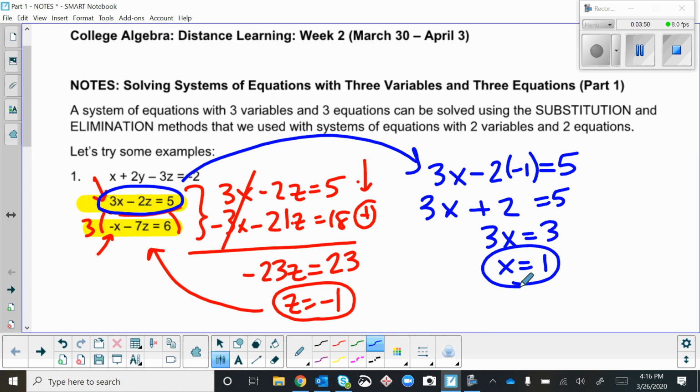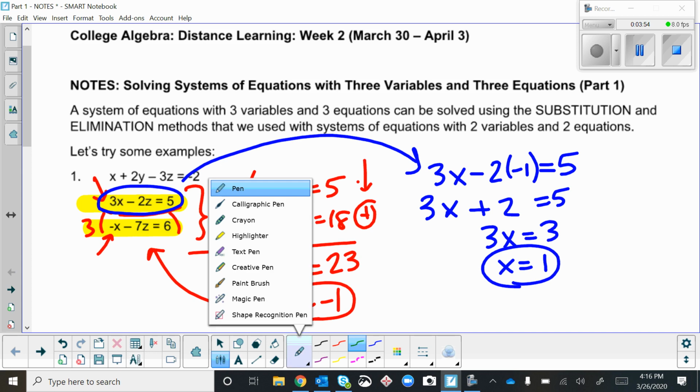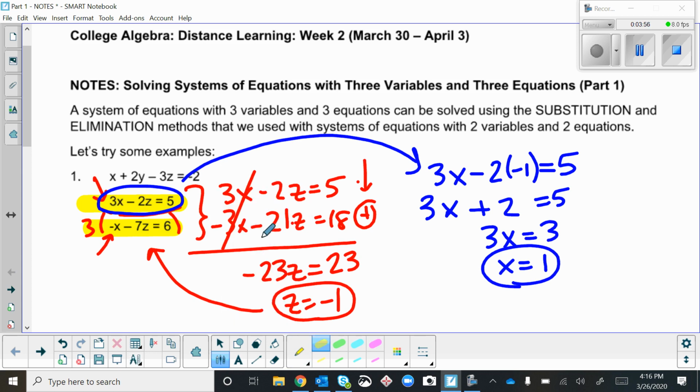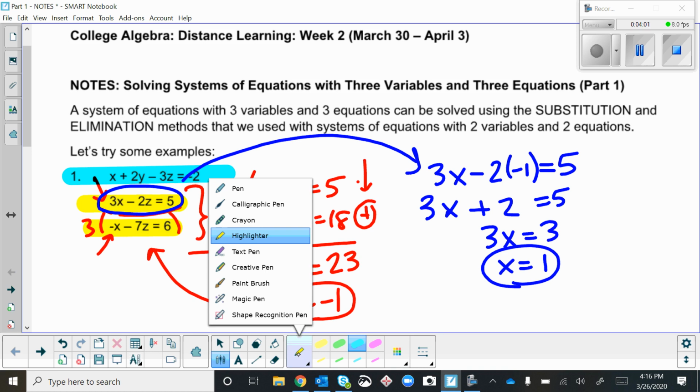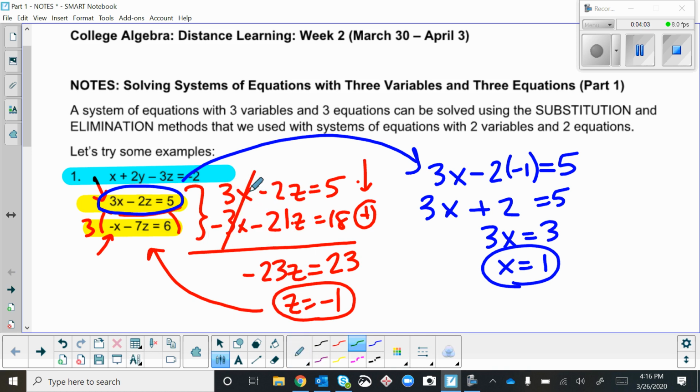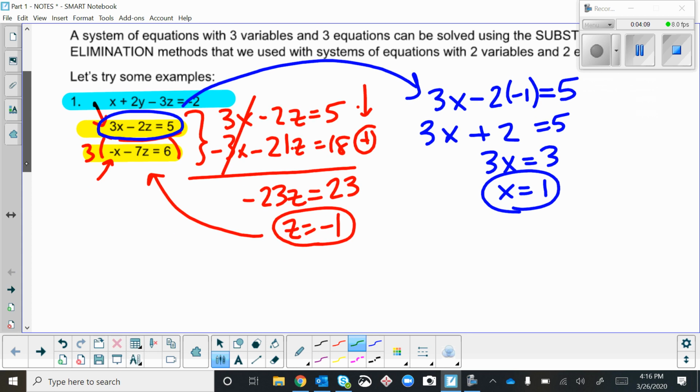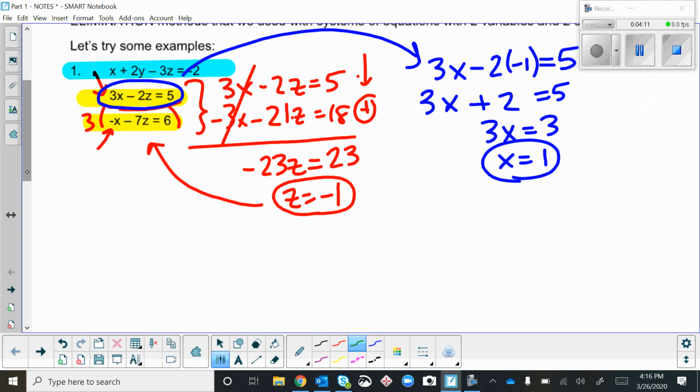So here's where I will go grab the very first equation, this one right here, plug in the x equals 1 that I just found, the z equals negative 1, and that's all I need to find out what y is. So here we go.